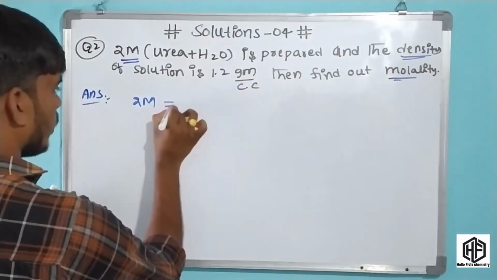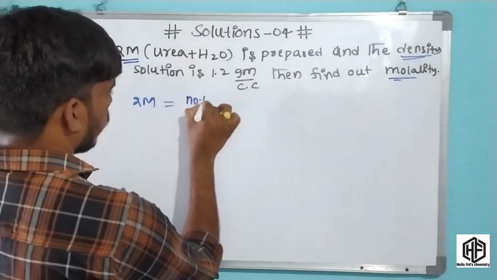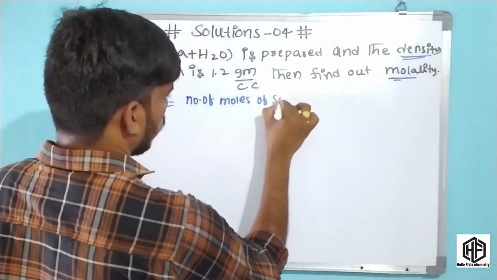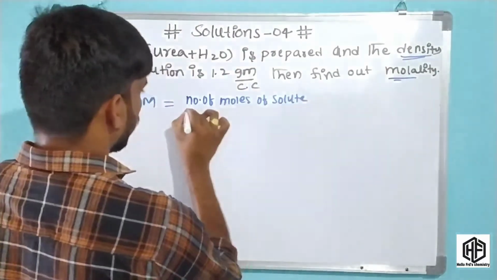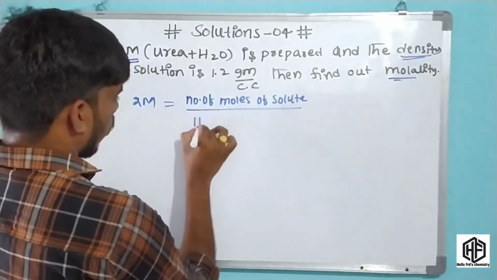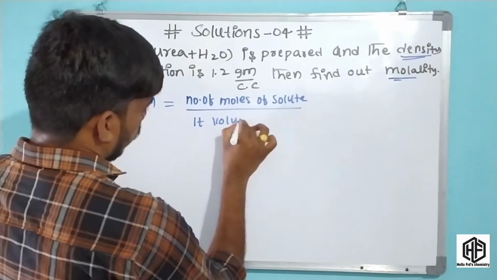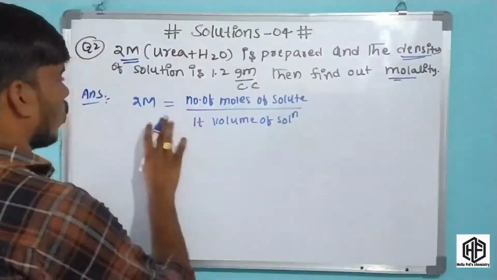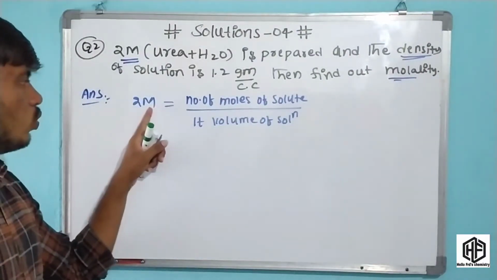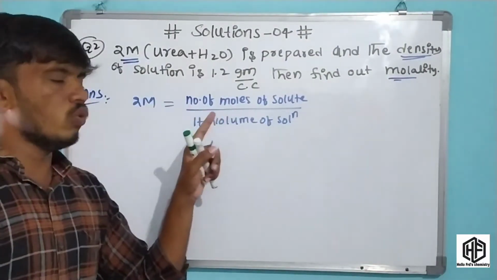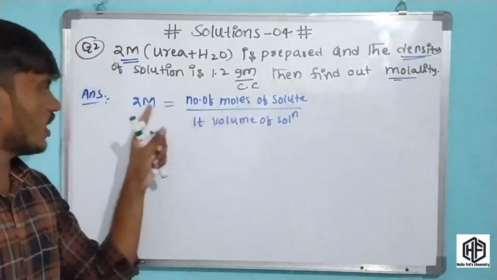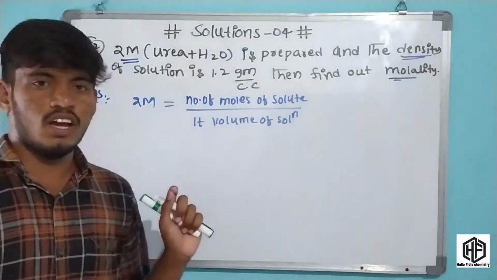Now 2 molar means number of moles of solute per 1 liter volume of solution, that is called molarity. So 2 molar means 2 moles of solute are present in 1 liter volume of solution.